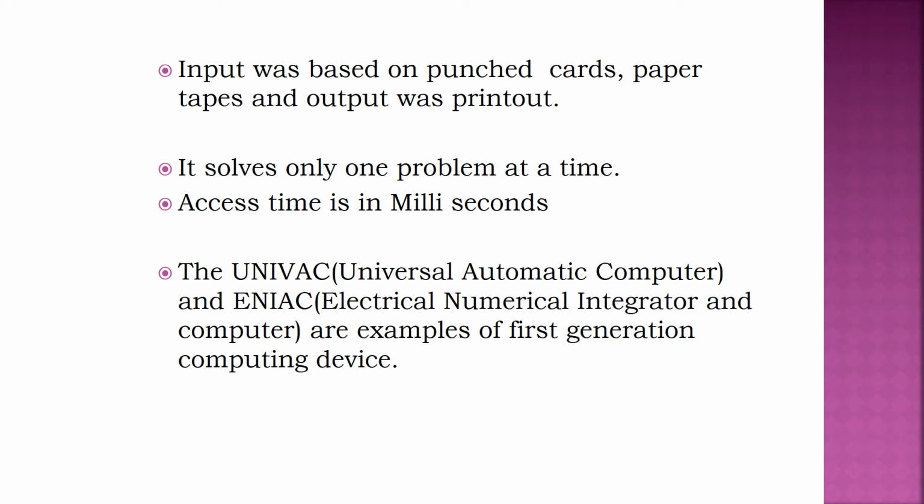Before moving on to the second generation, let us see a few more points on the first generation. Input was based on punch cards and paper tapes, and output was printed. It solved only one problem at a time.